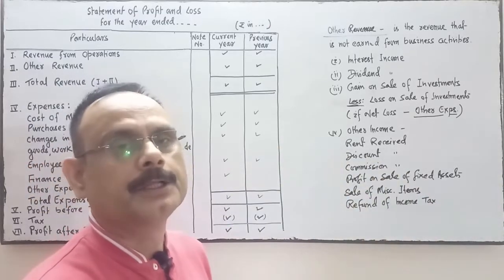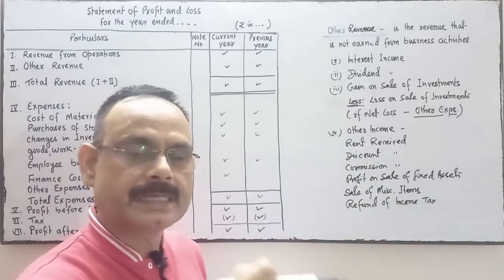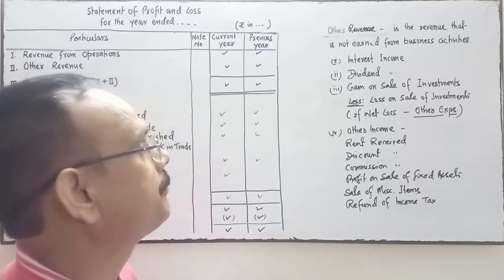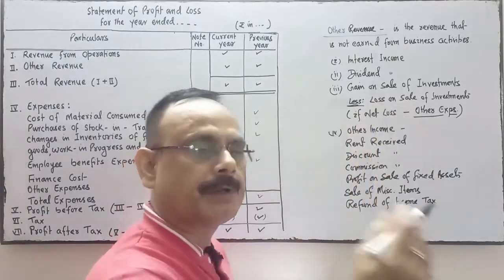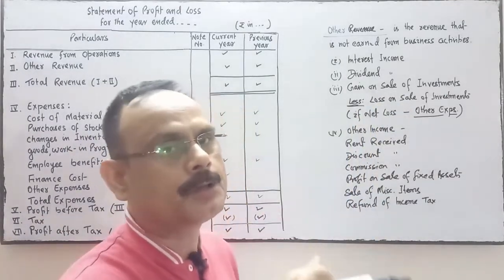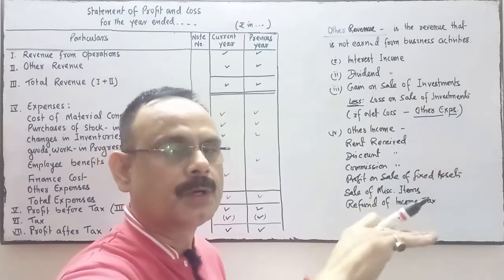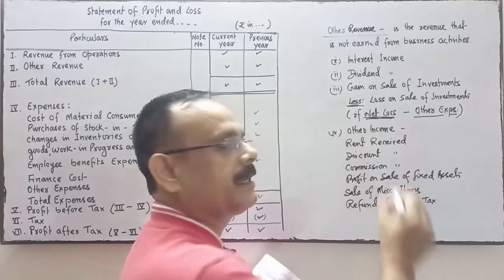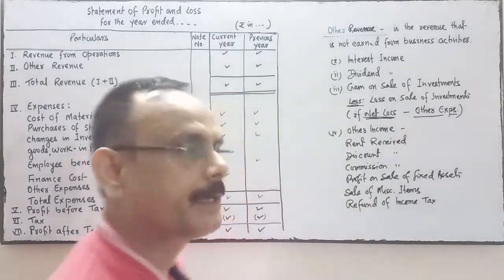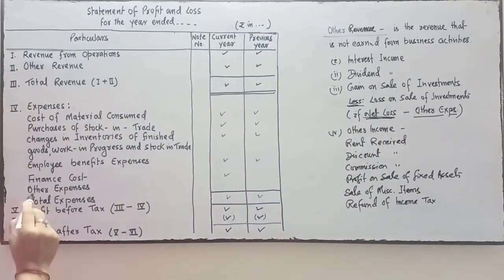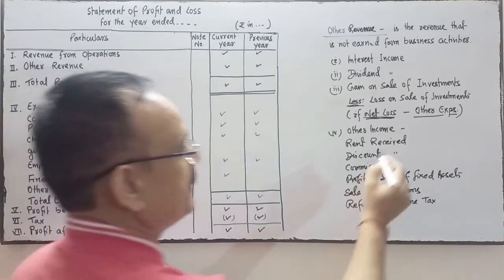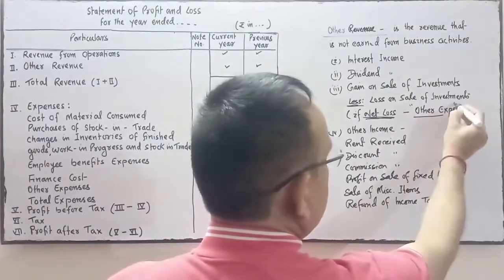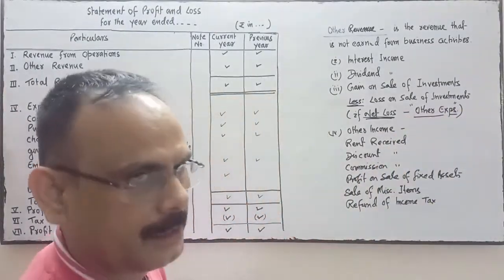But if the gain on sale of investment is less and the loss on sale of investment is more, then in case of net loss on sale of investment, that will be reflected in the statement of P&L under the subheading other expenses. This will be shown in the other expenses.